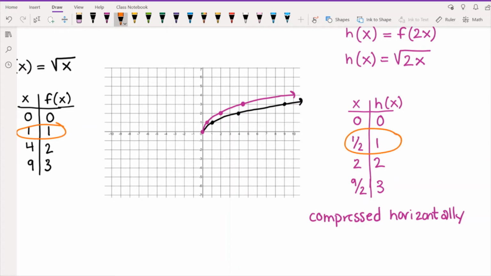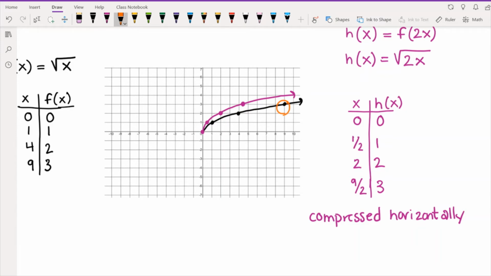And then our next point has a y coordinate of 2. The original function has an x coordinate of 4, so that would be this point. And the new function has an x coordinate of 2, so that's this point here. And then the third point on the graph, the original point had an x coordinate of 9 and a y coordinate of 3.